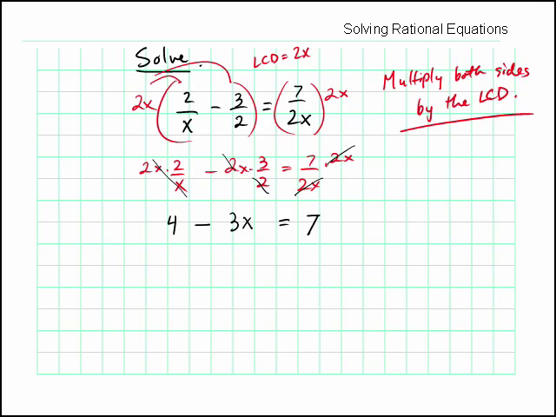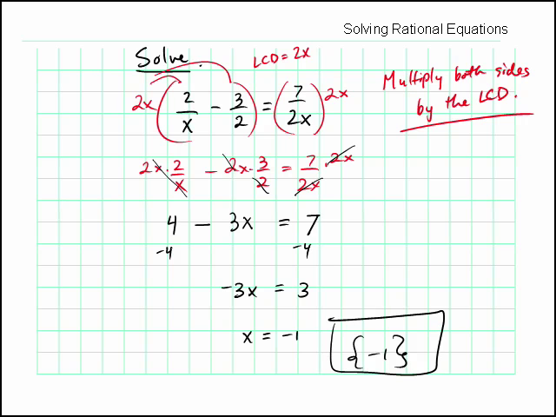All the fractions are gone. I now have a much simpler equation, 4 minus 3x equals 7, which I can now solve by subtracting 4 from both sides. Divide both sides by -3, and I get x is -1. The solution to the equation is -1.